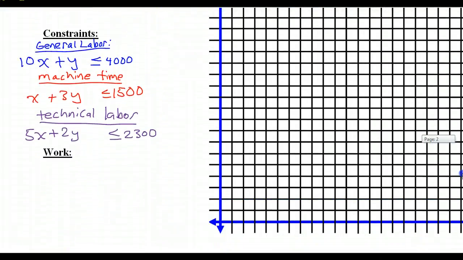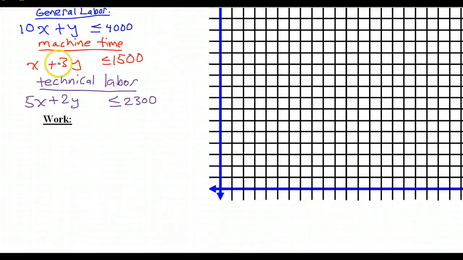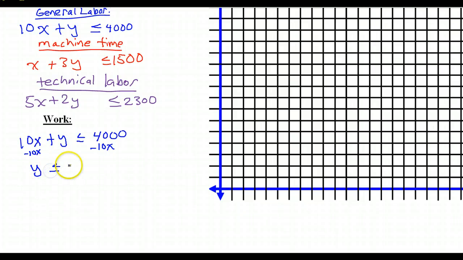Anyway, so we need to rewrite each one of these equations in slope-intercept form. So I'm going to keep it color coordinated so it's obvious. This first one, I have 10x plus y is less than or equal to 4,000. Subtracting 10x from both sides is going to give me y is less than or equal to negative 10x plus 4,000.